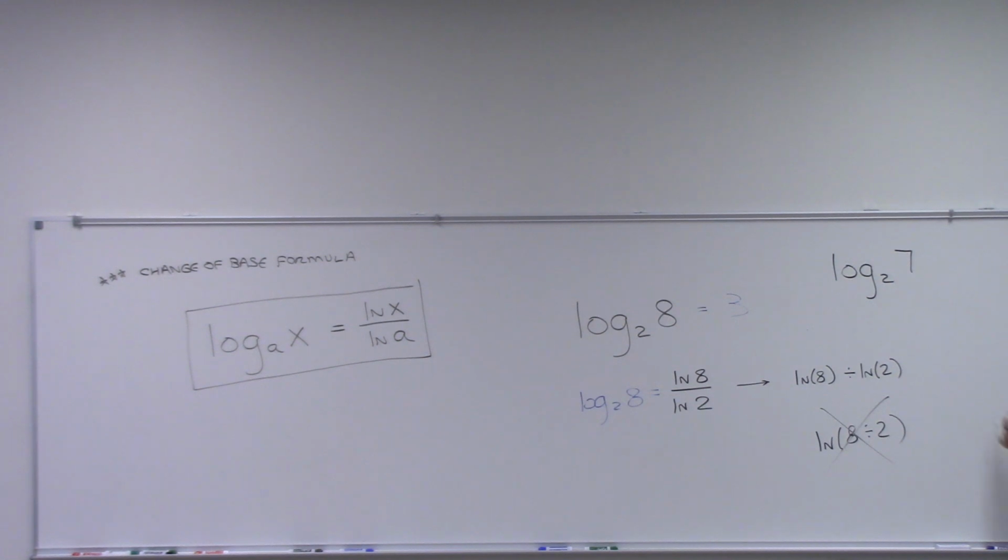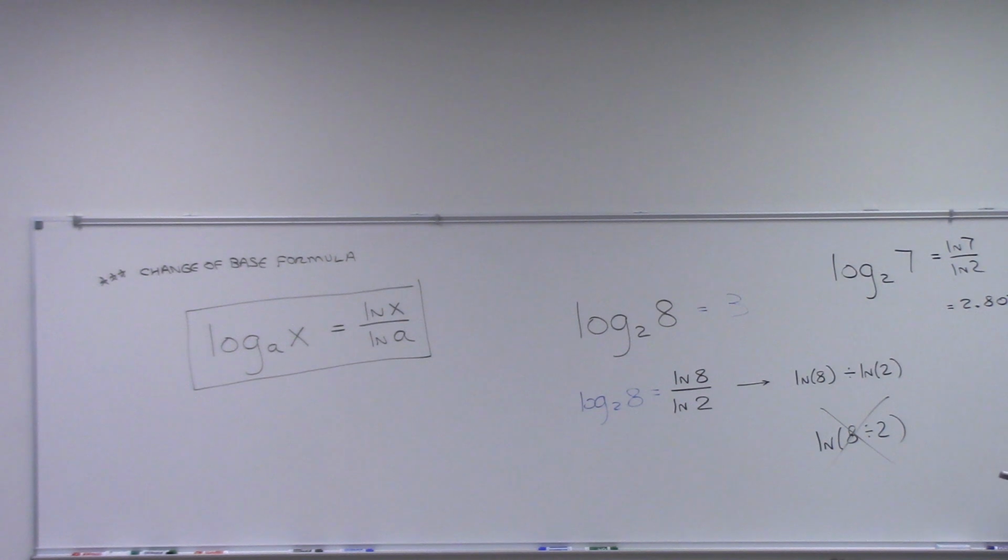Let's do it. This is going to be natural log of 7 divided by natural log of 2, which is going to be a decimal. We'll have to round. I'm getting 2.80735. And yes, I'll have to round, okay? But that's the power I'd have to raise 2 to get 7.